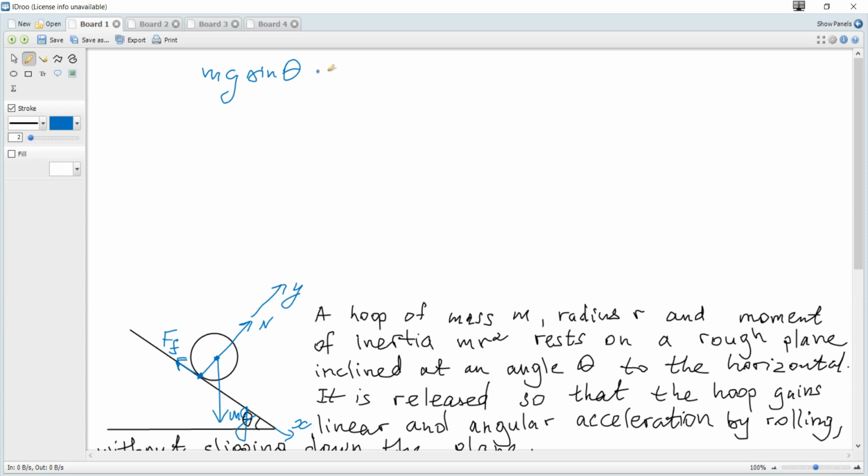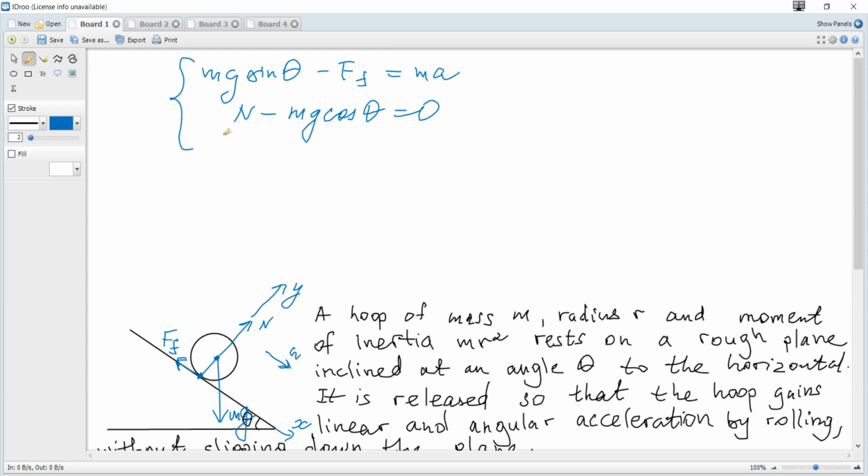Then minus F frictional is equal to ma. Acceleration is in this direction, so its component is plus a. In components on the y-axis, it becomes N minus mg cosine of theta equal to 0, because a is perpendicular to the y-axis, so its component is equal to 0.